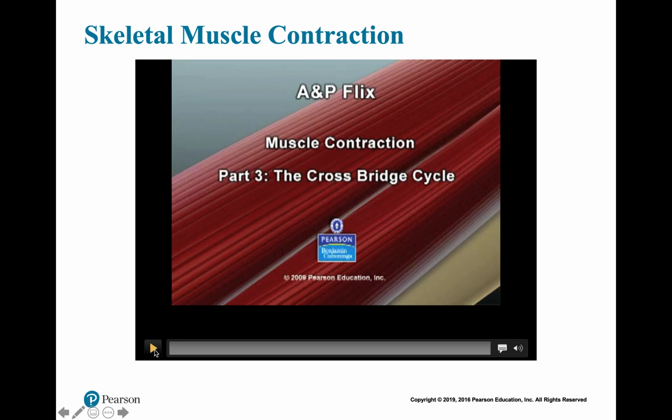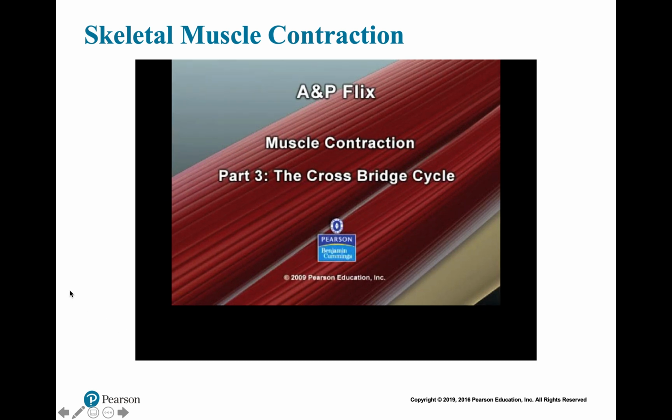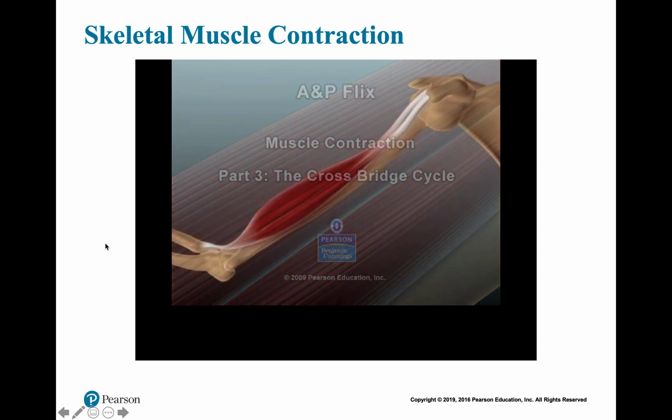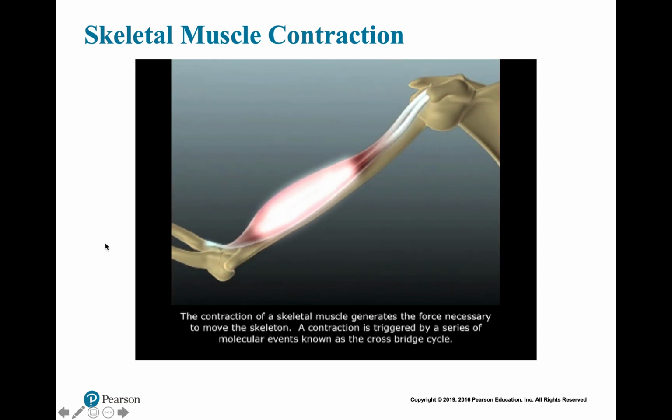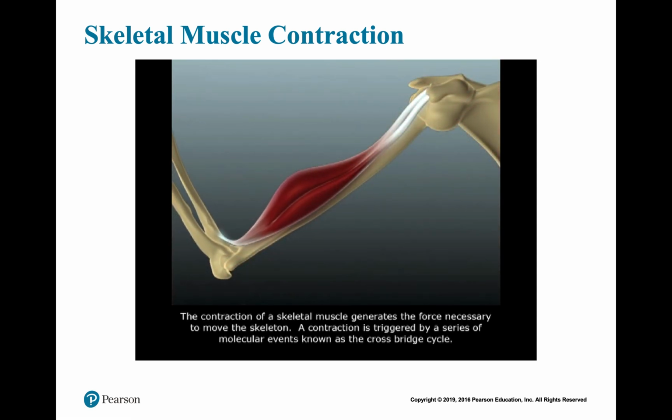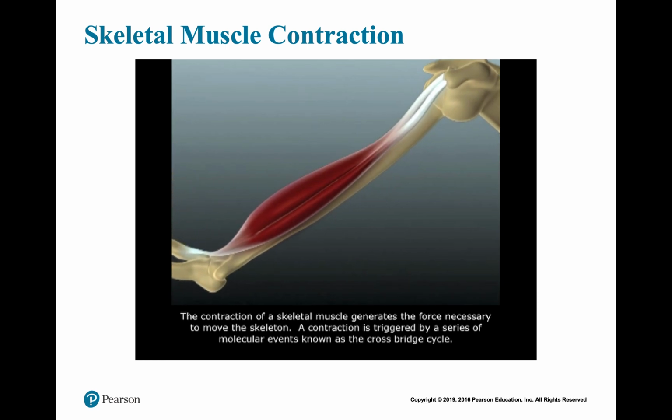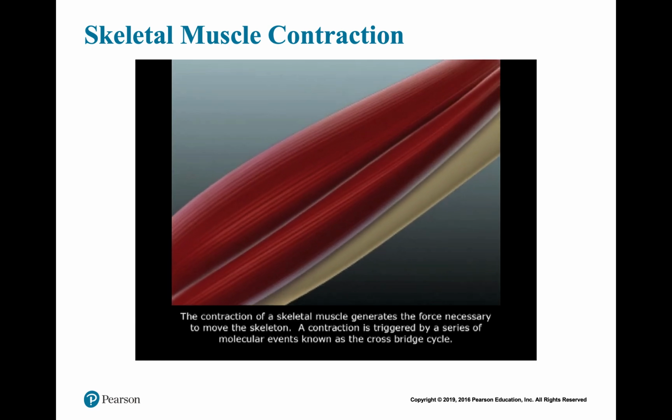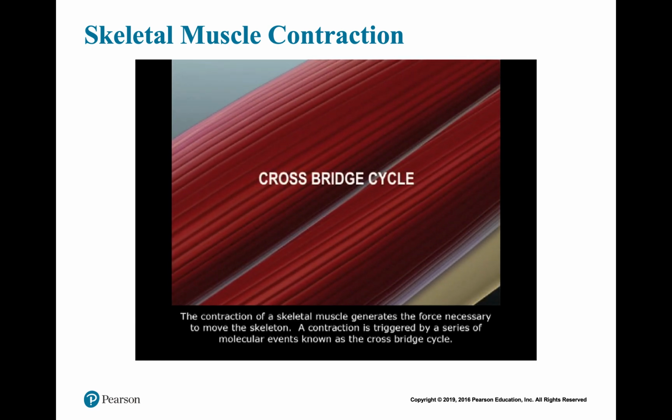So let's go through the crossbridge cycle again, and I like this video a lot. The contraction of a skeletal muscle generates the force necessary to move the skeleton. A contraction is triggered by a series of molecular events known as the crossbridge cycle.